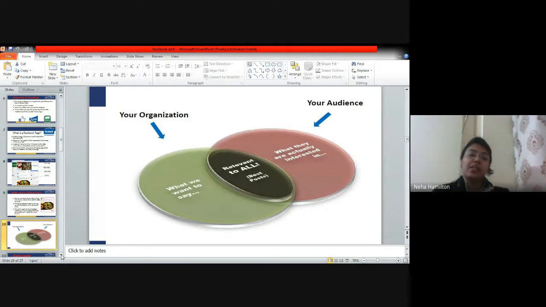But at the same time, what does your organization want to convey? Your organization wants to convey that they make good quality products, that they are trustworthy, and things like that. So try to put the motives of your organization and the expectations of your audience in a single post, because that should reflect something that is likable by the audience and also acceptable by the organization. Okay, so this way you have to create a Facebook post.